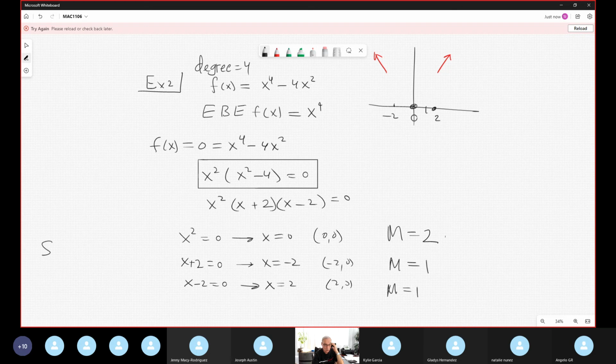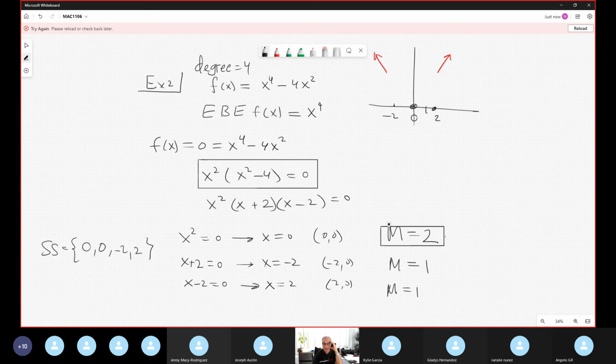Actually, you write the solution set of this polynomial as 0, negative 2, and 2. Because this 0 is repeated, of course you consider it one time in the set. But it's important to understand the multiplicity. Actually, we have 4 zeros, but 0 is special because 0 has multiplicity.